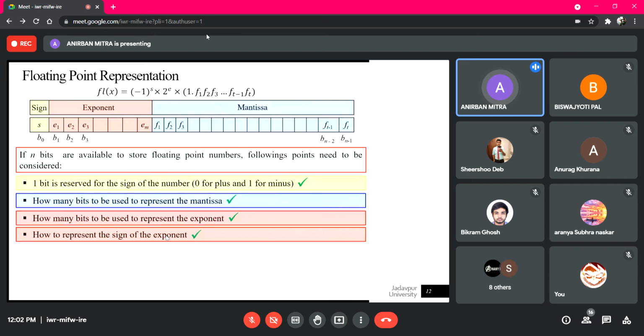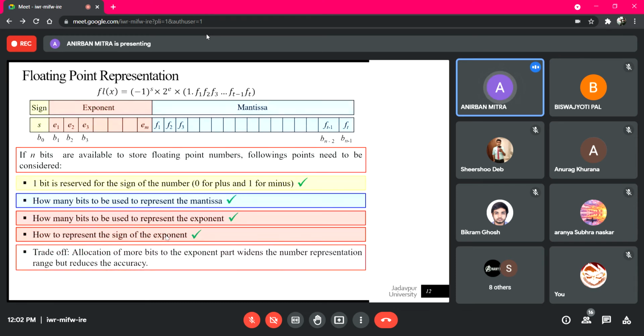So we have established what things need to be taken care of in the floating point representation. But here comes a question of trade-off, optimization. If I allocate more bits to the exponent part, I make the exponent larger as compared to the mantissa, because I have in total n number of bits.